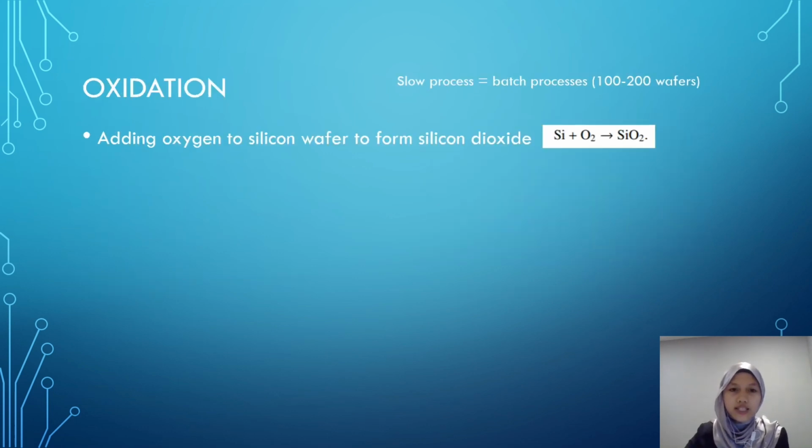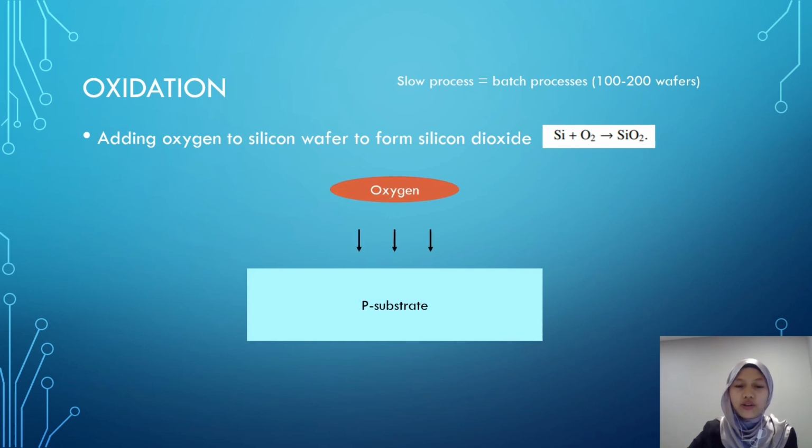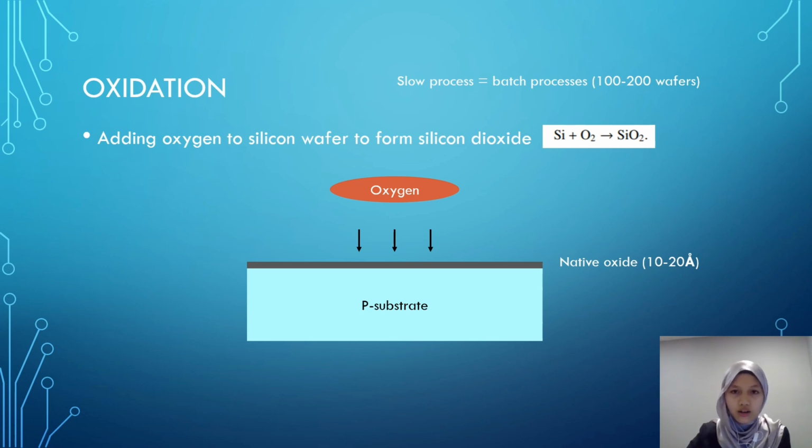Oxidation is adding oxygen to silicon wafer to form silicon dioxide. Silicon is very reactive to oxygen, and upon contact, they react immediately to form native oxide, a very thin layer of silicon dioxide. The silicon dioxide is dense and fully covers the silicon surface, preventing the oxygen from further diffusing into the silicon.